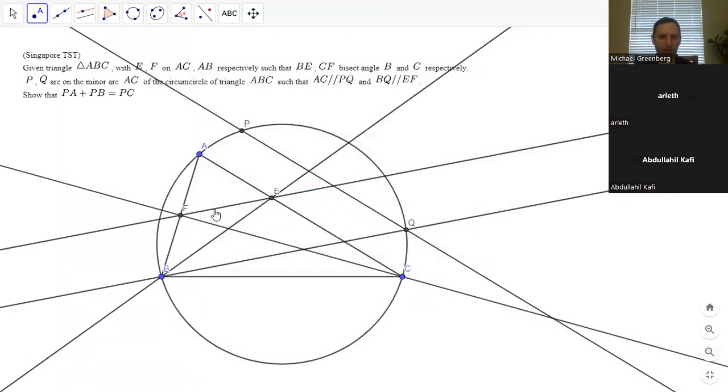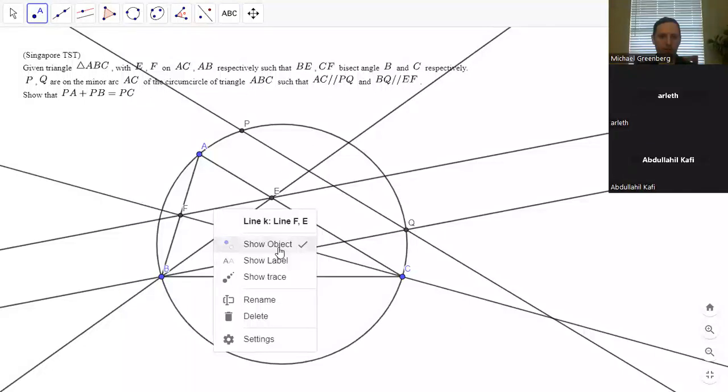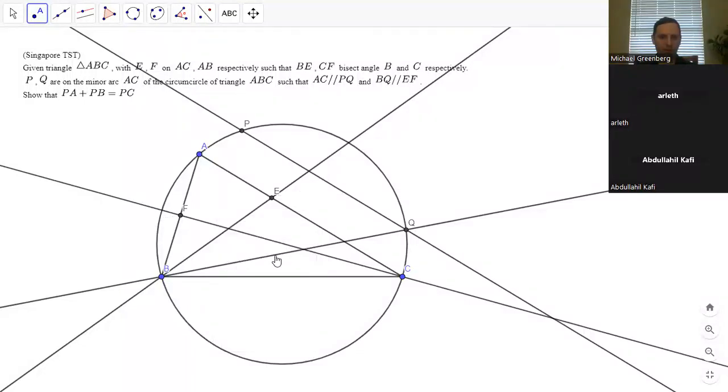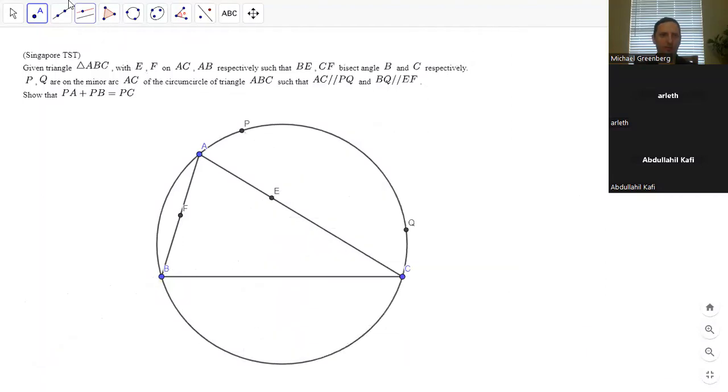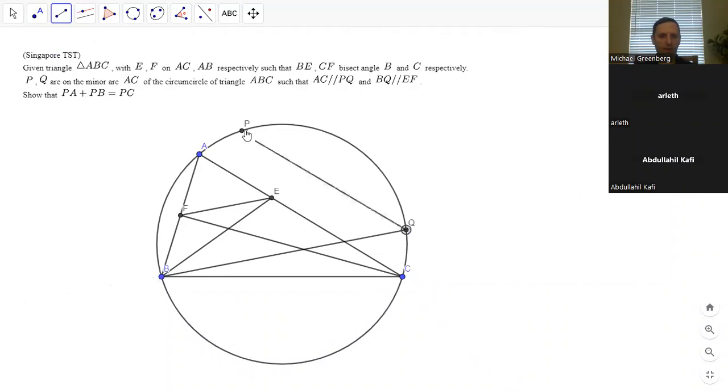Let me hide some things because the lines are too long. So PQ is parallel to EF, and PQ is parallel to AC, and we're saying that PA plus PB equals PC.